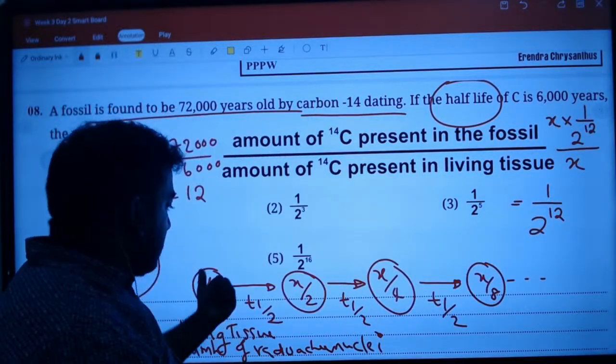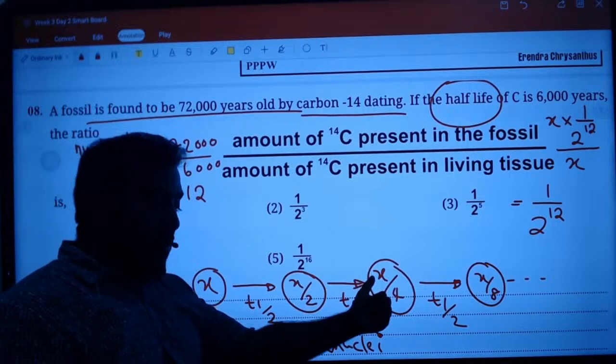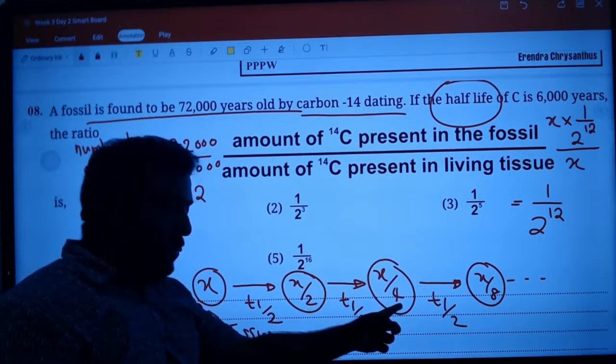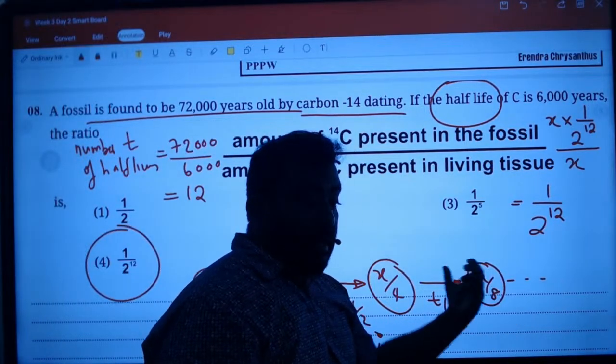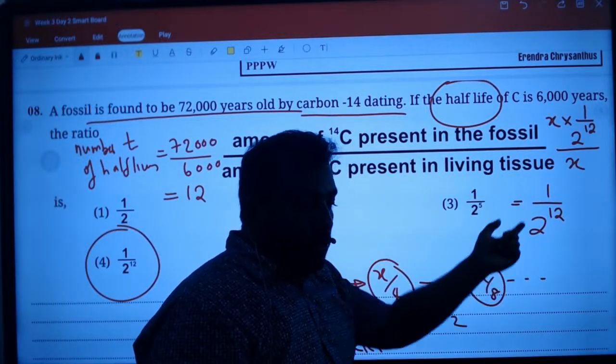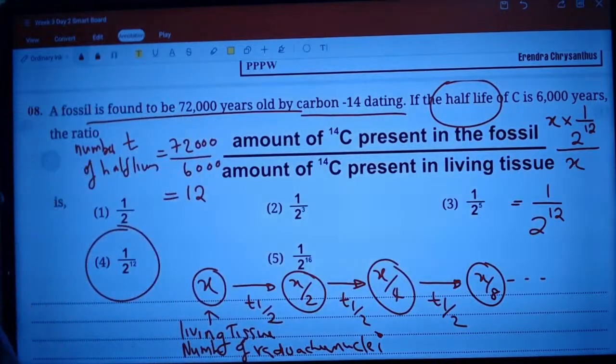So X over 2, X over 4 means 2 squared, 2 half-lives. X over 2 to the power 3. So 12 half-lives means X over 2 to the power 12. Living tissue is X. From there you can find the required relationship. Okay, so 8th question, your answer is answer number 4.